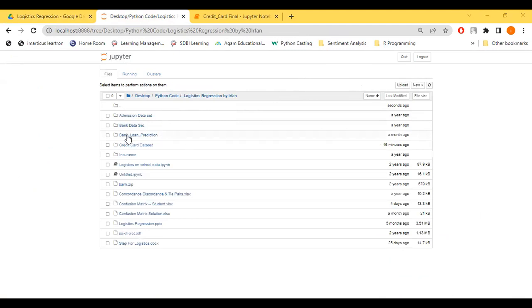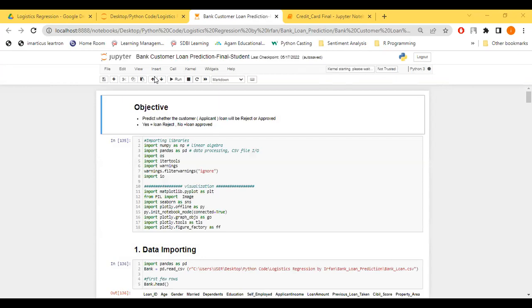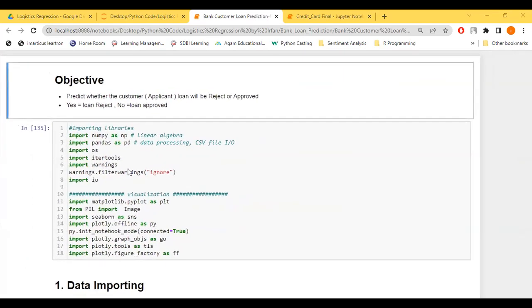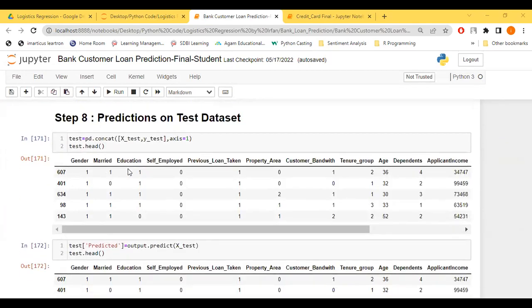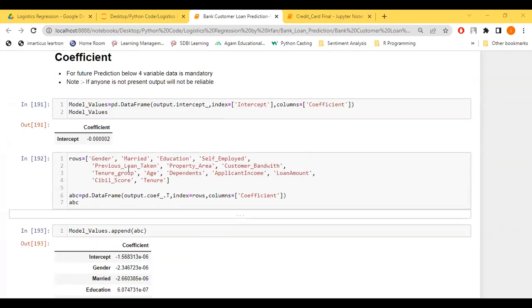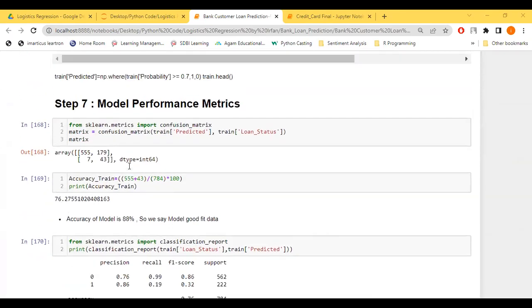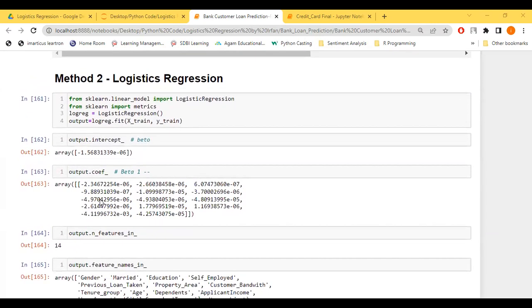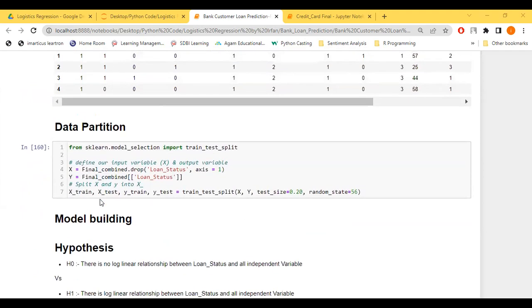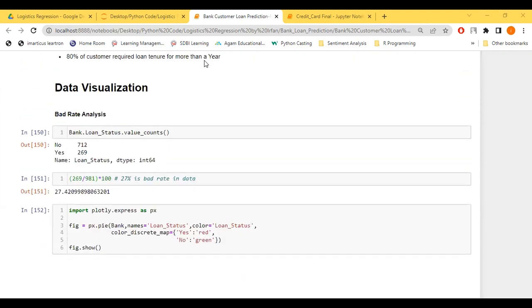Guys, go to your drive. I'll give the new file. Run that code. Guys, I have given the code.